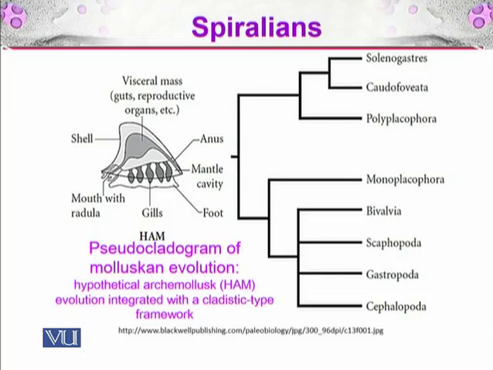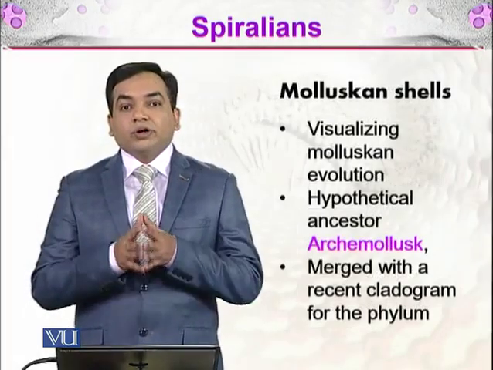How did the Solenogastres, Caudofoveata, Polyplacophora, and all the others, Bivalvia, Scaphopoda, Gastropoda, Cephalopoda, and Monoplacophora, evolve and how are they related through a cladogram? This is combined with the hypothetical archaeomollusk, HAM. So it is integrated with a cladistic-type framework, and we can visualize how the evolution of spiralians inside the phylum Mollusca took place. In this topic, we have discussed the introduction of mollusks.